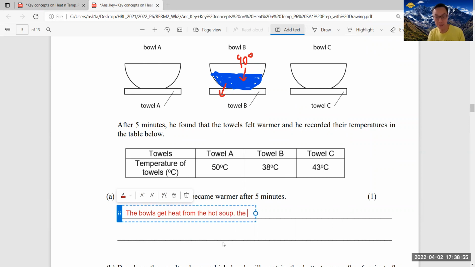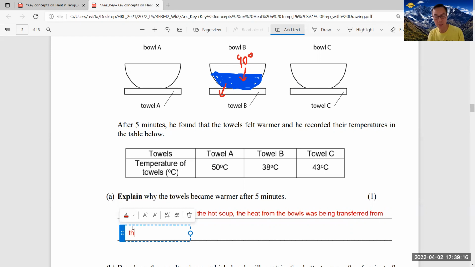The heat from the bowls was being transferred from the bowl to the towels.